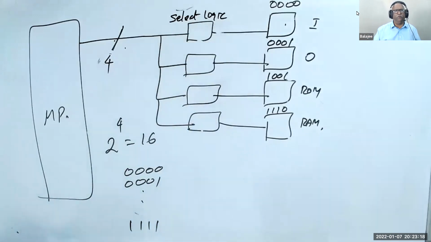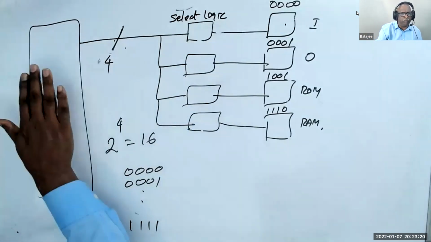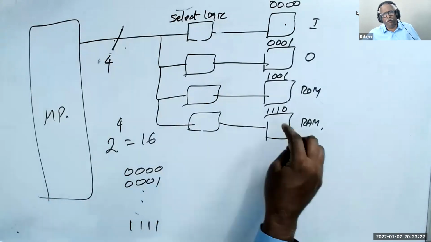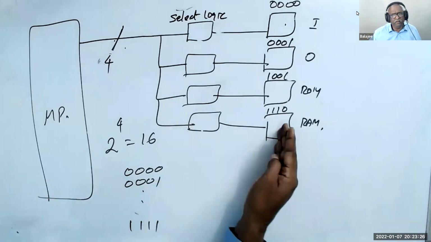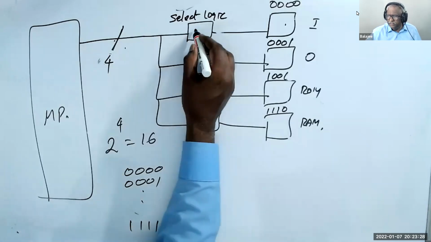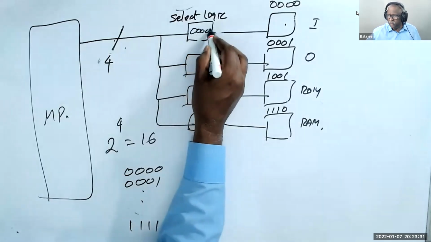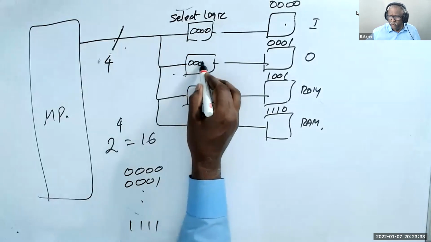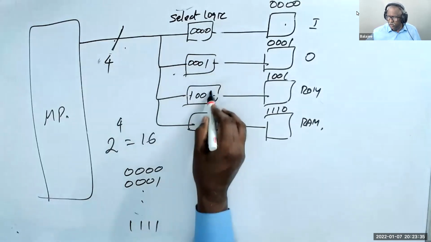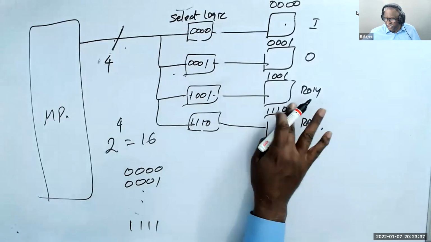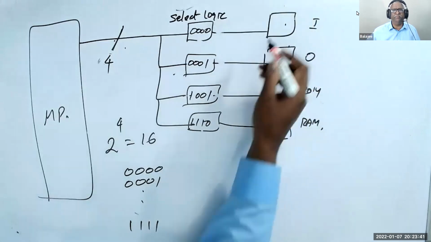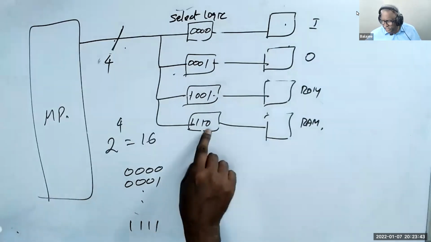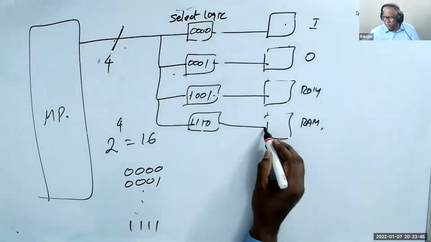Please understand the top level, how many blocks are there. You have a block called microprocessor. You have a block called this. And each one, this guy's name could be 000, 001, 1001, 110. These people don't have a name actually. Because you connected here, they get the name.